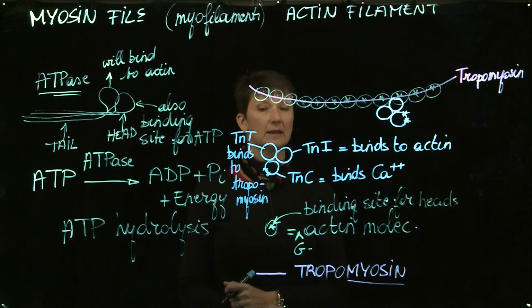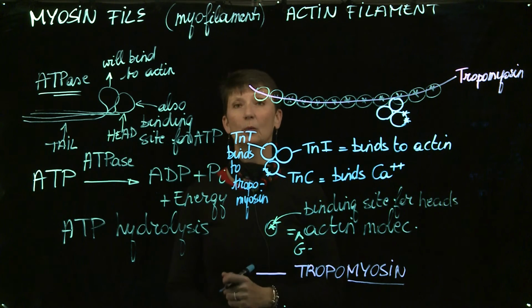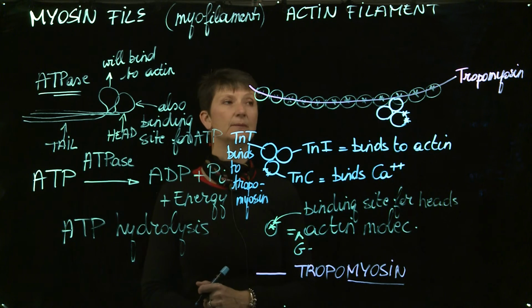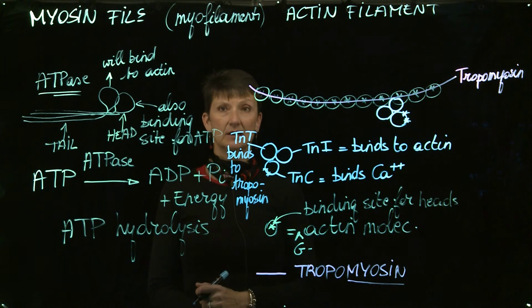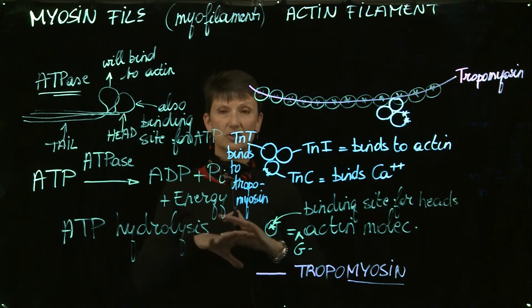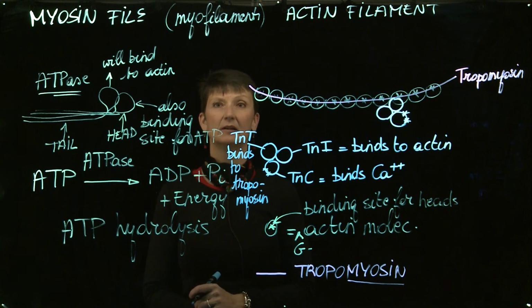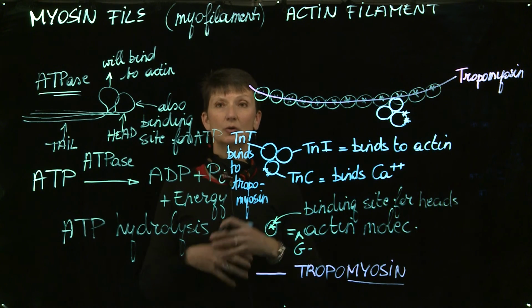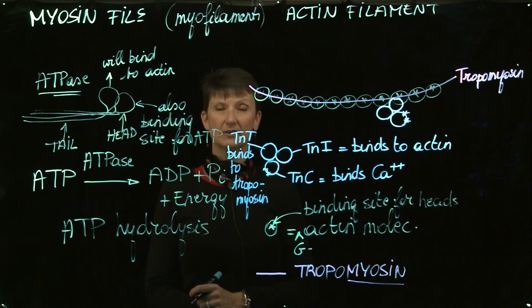Okay. Now, what happens when a muscle becomes stimulated by the somatic nervous system is that this electrical current that starts to spread across the cell will stimulate the terminal cisternae of your sarcoplasmic reticulum to let go with a lot of that calcium that they store.